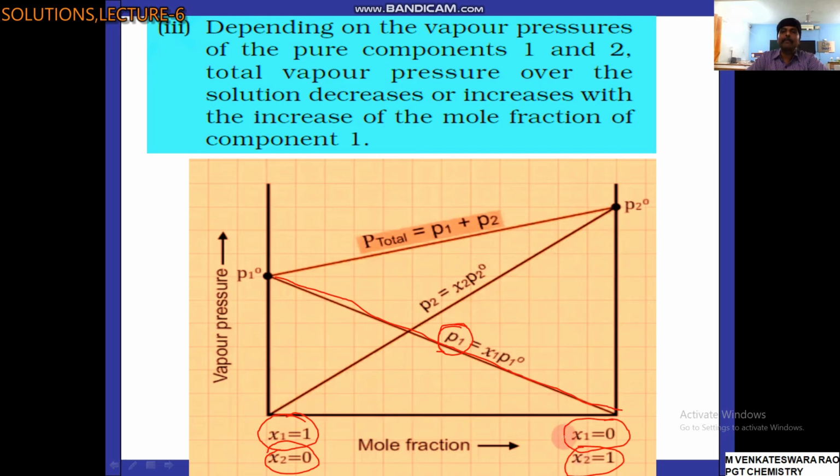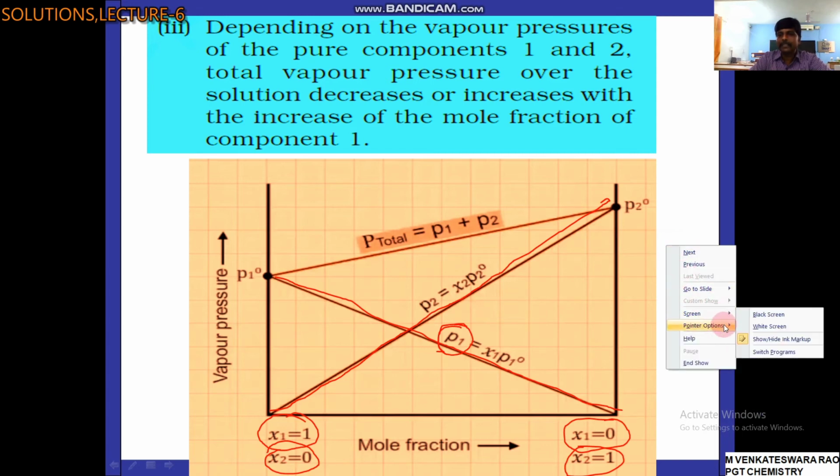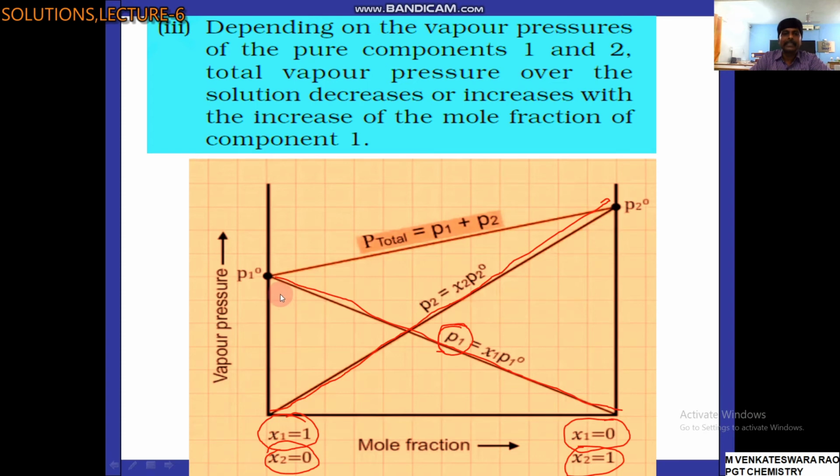According to Raoult's law, the second component partial vapor pressure increases linearly. As X2 increases, partial pressure increases. As X1 decreases, P1 decreases.